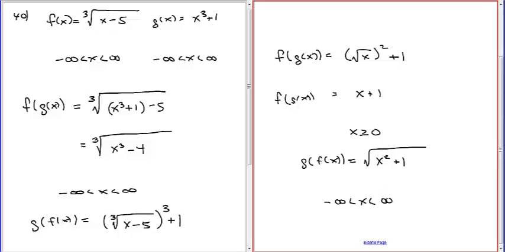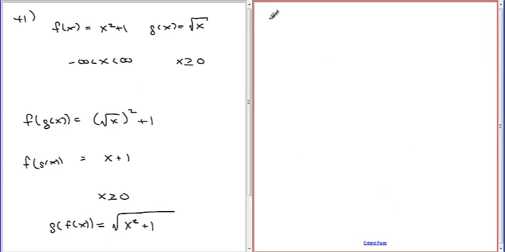Okay, I think I know what I'm doing here. Okay, 42. So we have f of x is x to the 2/3, and g of x is x to the 6th. Okay, so what is x to the 2/3?